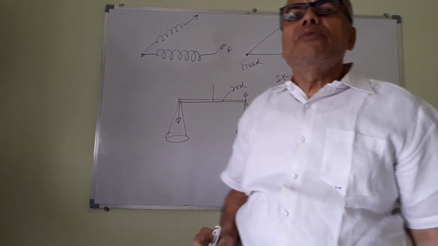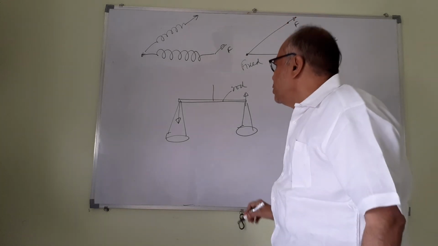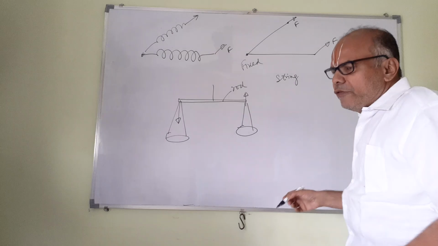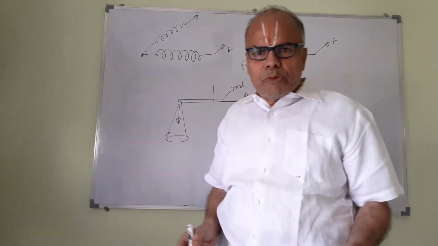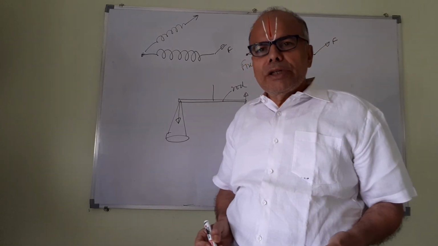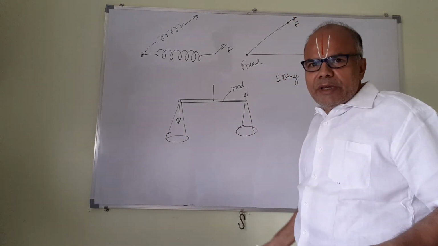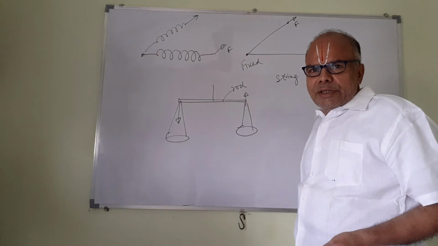So this is one very important difference. When we mark forces on a string or a spring, it has to be always along its length. But for a rod, it need not be along its length.